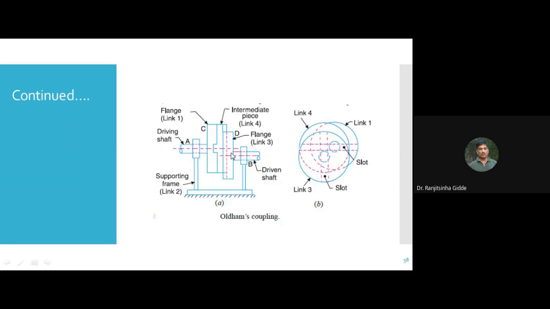Link 3, which is mounted on the driven shaft, and the intermediate piece, intermediate component, we are going to call it link 4. This Oldham's coupling we can get by fixing link 2.